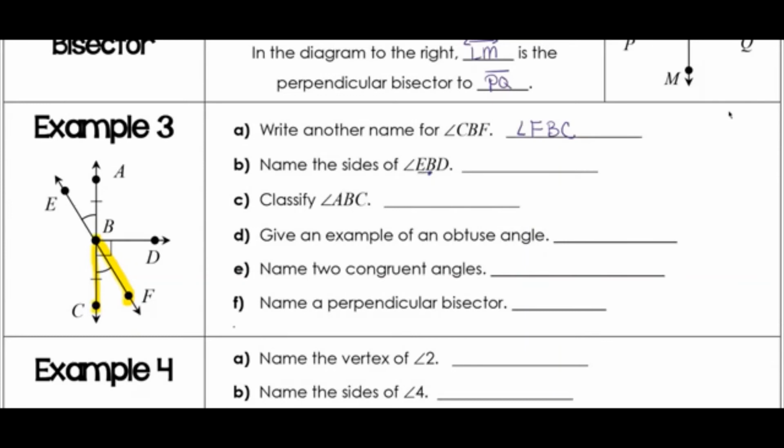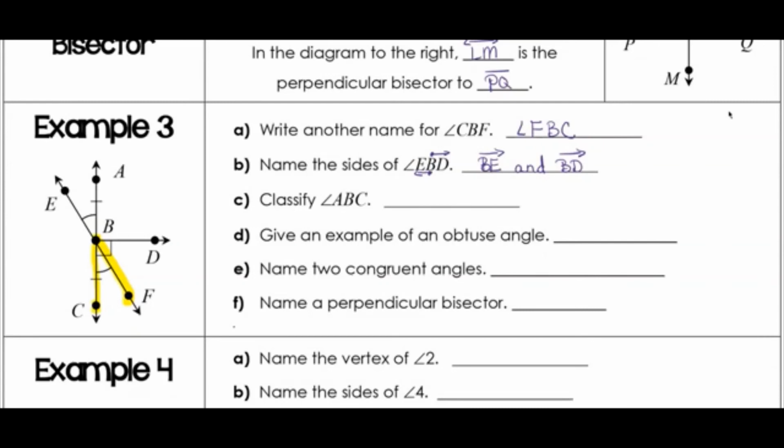So if I write BE or EB or whatever, I'm going to do BE because I like to go from my vertex out as a side, and then go back to your vertex and then go out, BD as a side, you're going to be correct because that's what makes up the side. It's from the vertex out. So I would say BE and BD, going from the vertex out.